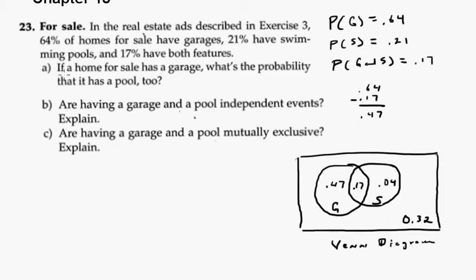Let's take a look. If a home for sale has a garage, what's the probability that it has a pool? You need to recognize that this is a conditional probability. What's the probability that a home has a swimming pool, given, that's the given, that it has a garage?